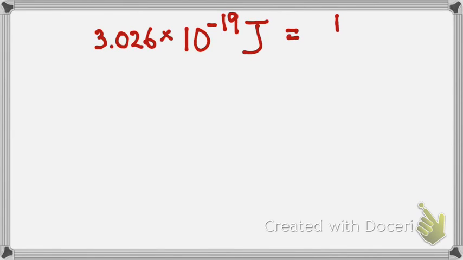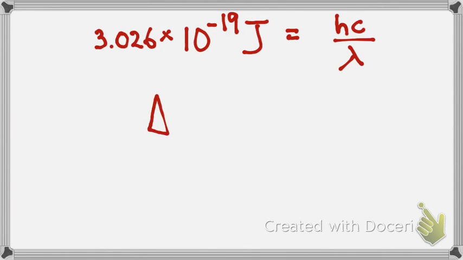Like I said before, this is equal to hc over lambda. Now, to isolate lambda, we can multiply both sides of this equation by lambda, and then divide both sides of the equation by what we just calculated for delta E.